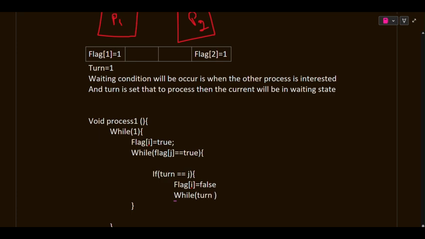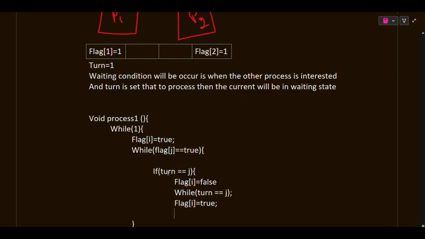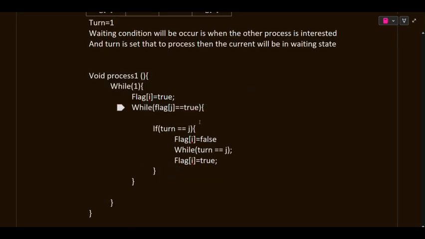While turn is equal to J, it will wait, and the moment the turn comes to the process, it will make itself true and exit its while loop, and here it will perform its critical section and again make the current process uninterested, and change the turn to the other process.